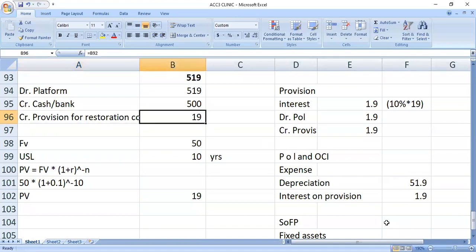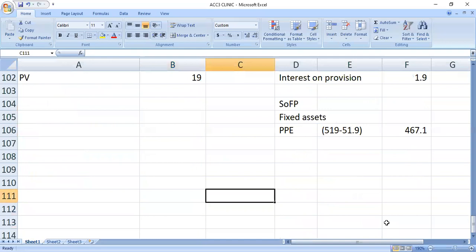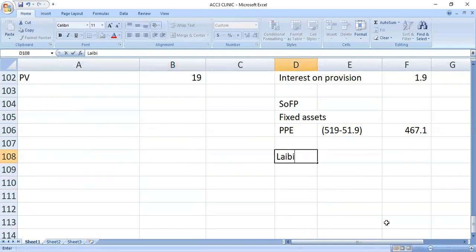However, for provision, you're not going to ignore because that's why in the first place they brought the question. So you come here under your liabilities. Actually, this is a long-term liability. So we have provision for restoration costs.